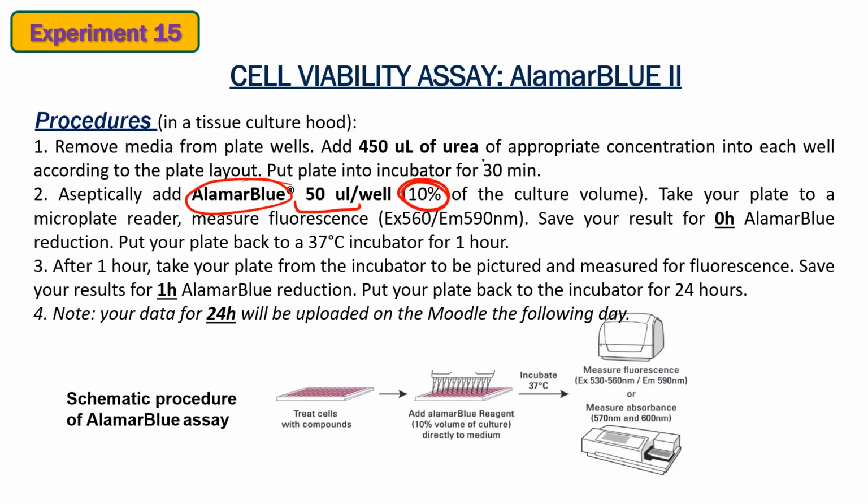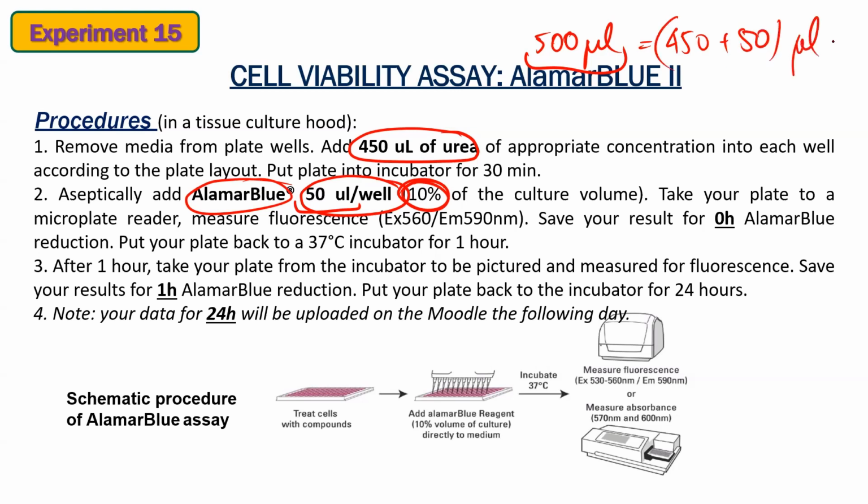What is the final volume? 500 microliters. Yes, so this is your final volume, and it is made of the volume of urea in DMEM and the volume of Alamar Blue. So 450 plus 50 microliters. I hope you understand how we got these numbers, because it is 10%.